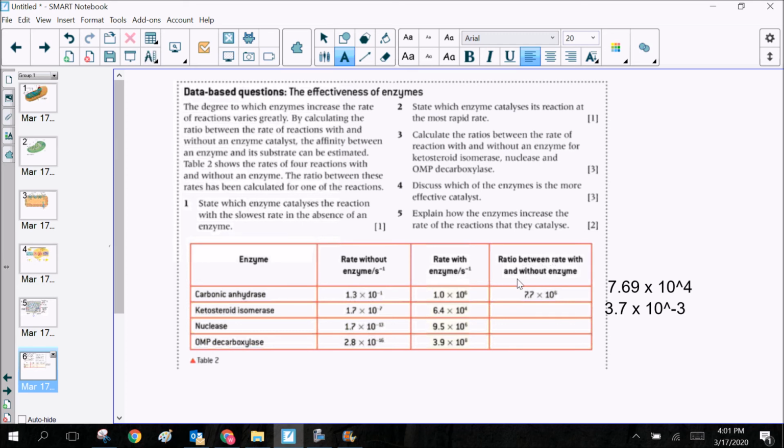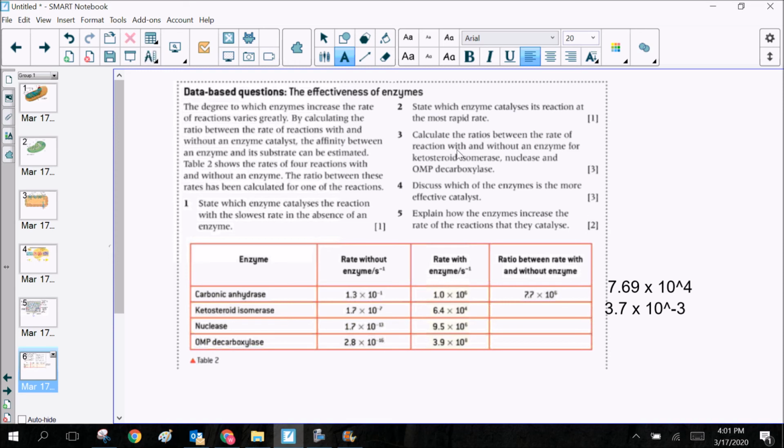So that's a big ratio between the rate with and without enzyme. And 3.7 times 10 to the negative third is pretty small. So already I can probably say that carbonic anhydrase, even though I don't know what it does, is probably far more useful as a catalyst than carosteroid isomerase.